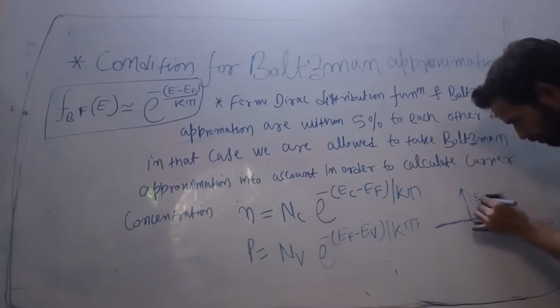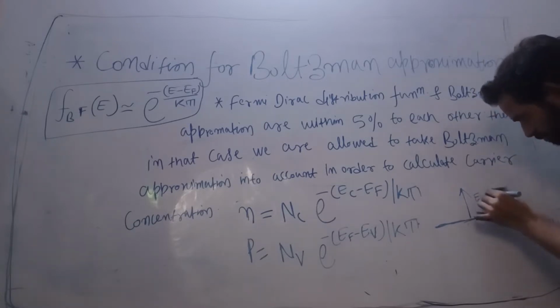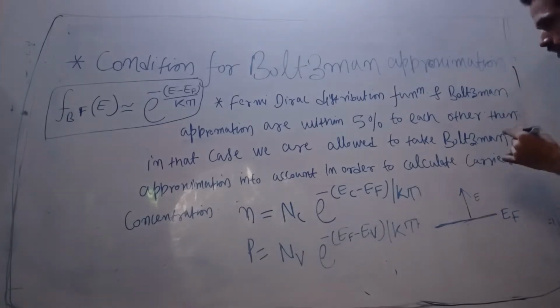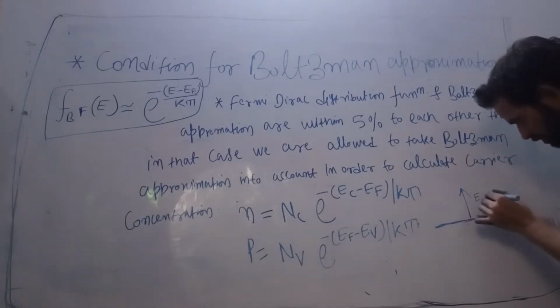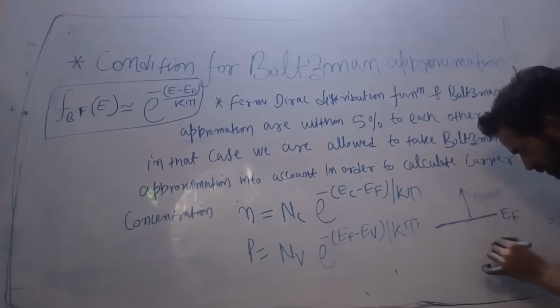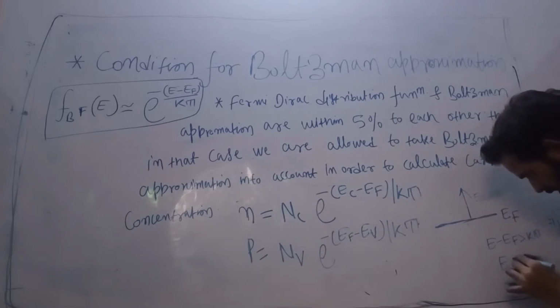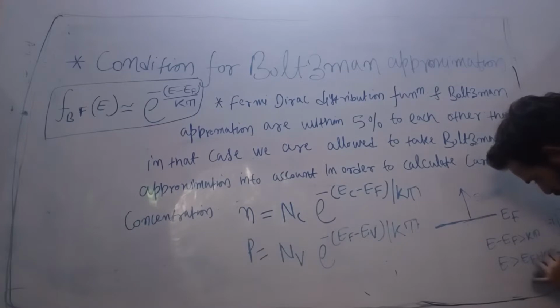That is, (E minus EF) by kT. So E minus EF should be greater than kT, which means E is greater than EF plus kT.